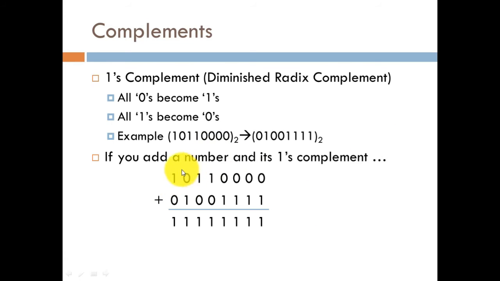If you add a number with its complement, it will give us 1111111, a group of 1's, and the number of these 1's, or the length, will be equal to the number of bits in the number.